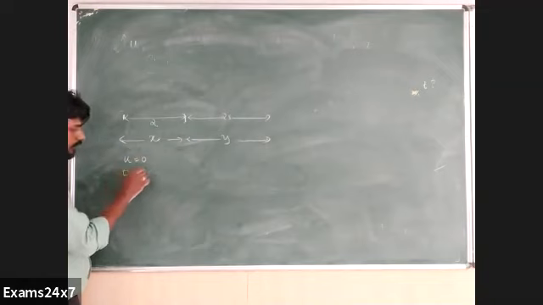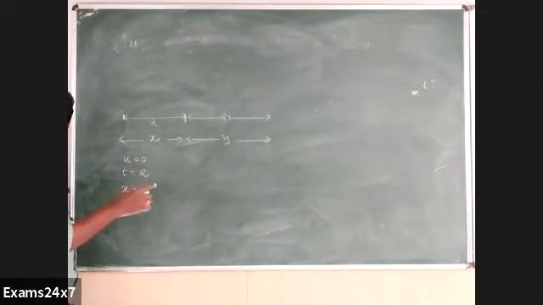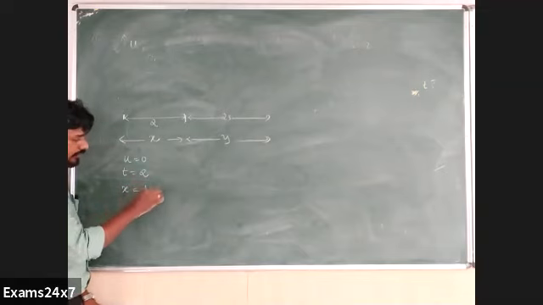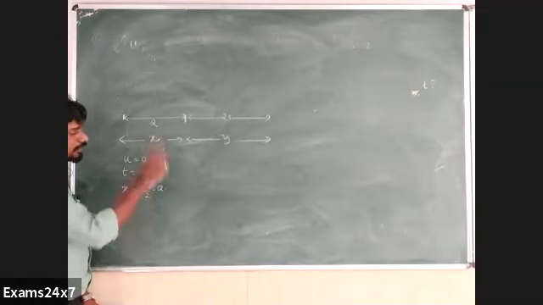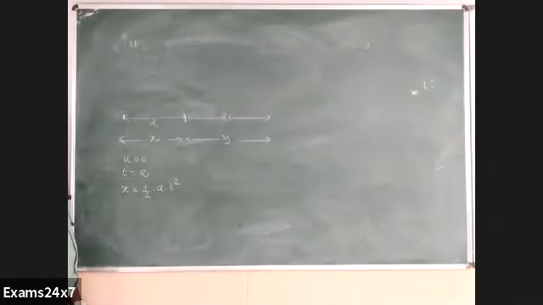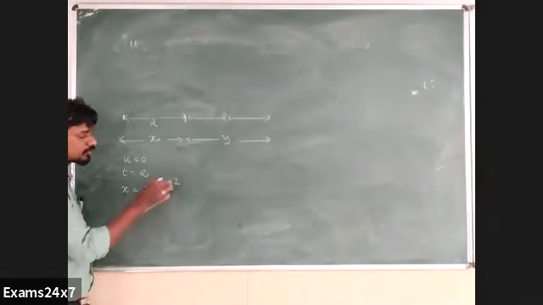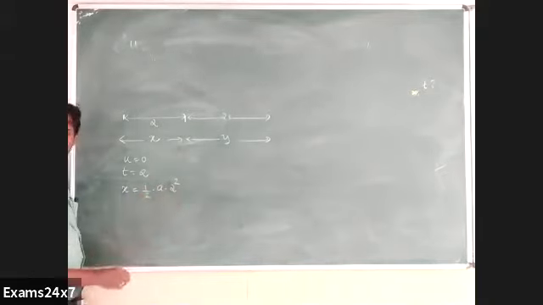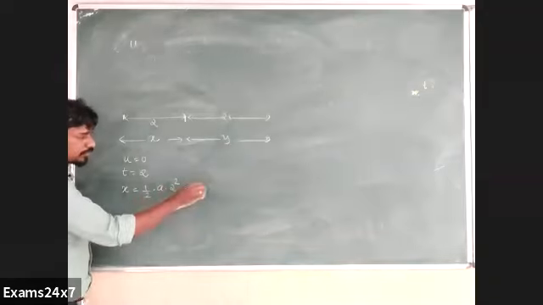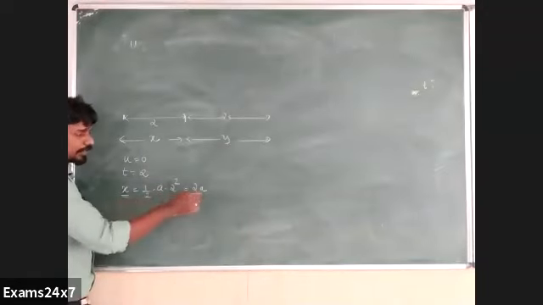Time taken is 2 seconds. Distance traveled s is equal to ut plus half at square. U is 0. Remaining is half into a into t square. T square is 2 square, 4. 4 by 2, 2a. Distance traveled x is 2a.